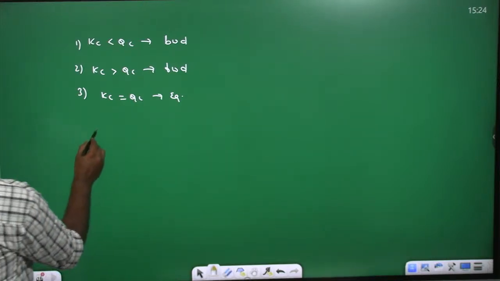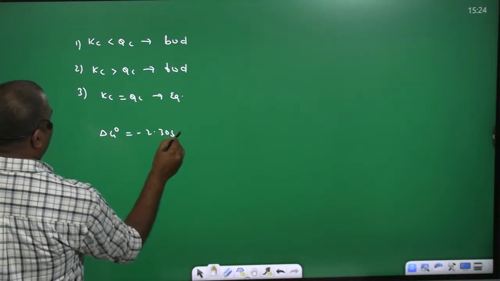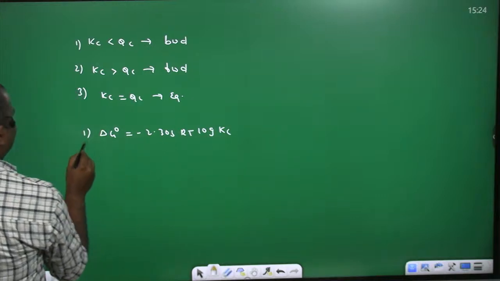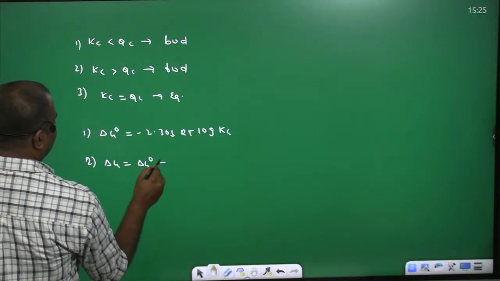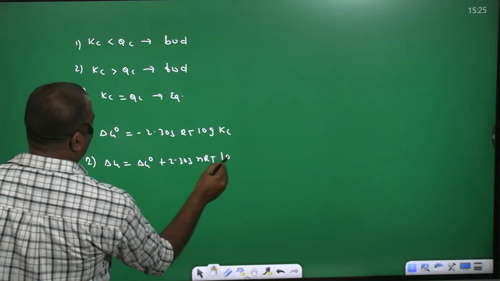The relation between delta G naught and Kc: delta G naught equals minus 2.303 RT log Kc. The Qc and delta G relation: delta G equals delta G naught plus 2.303 nRT log Qc.